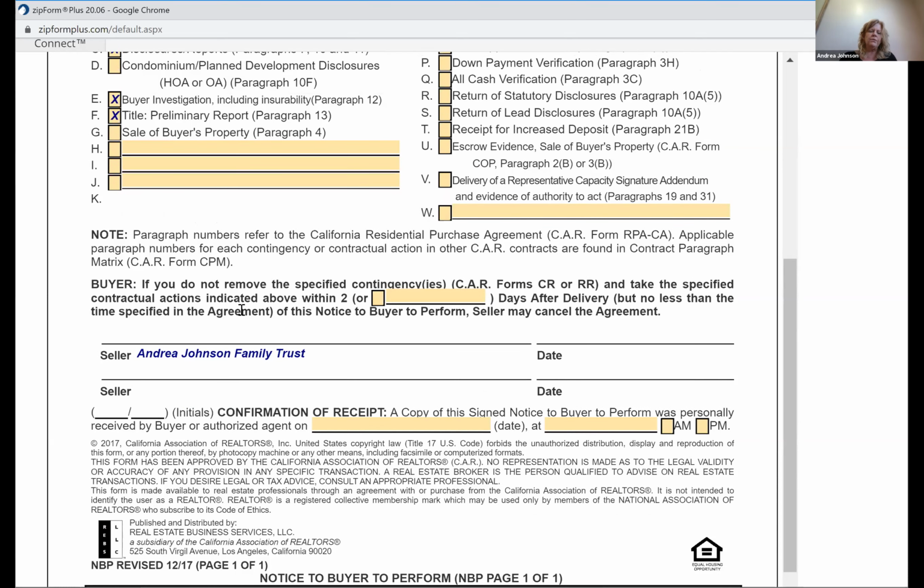Now, confirmation of receipt on this, the seller is the one signing this to send this forth to the buyer. Very seldom do you get confirmation of receipt back from the buyer on this. I mean, most people look at the notice to perform as a personal insult. It's not. It's just business, and it's just complying with the terms of the contract.